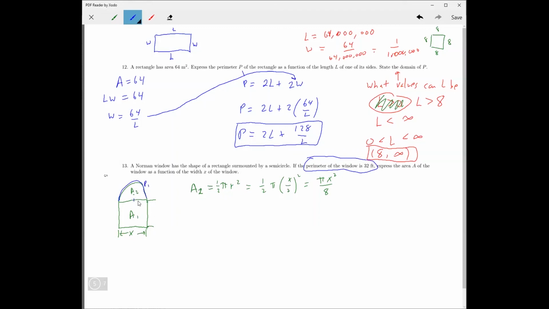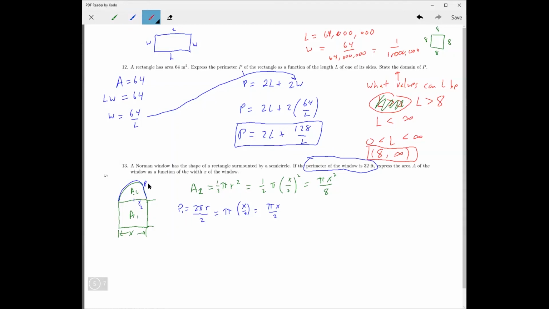We know that this radius is x over 2, and the perimeter of a complete circle is 2 pi r. This is just half a circle, so it's pi r, which is pi times x over 2. That's this perimeter part right here.